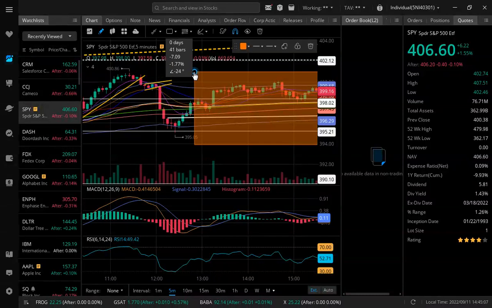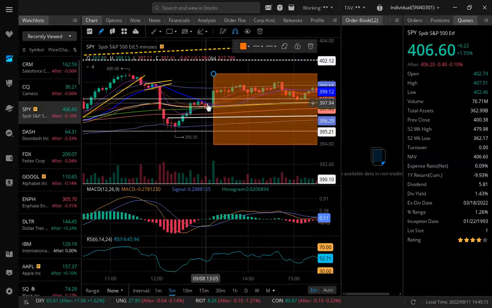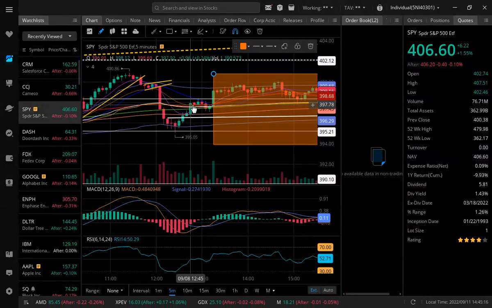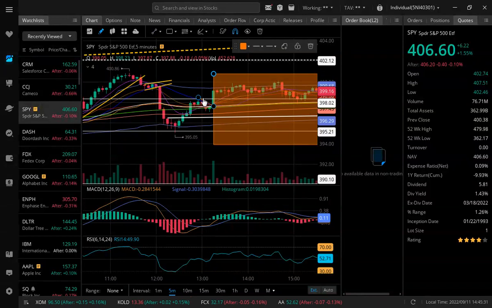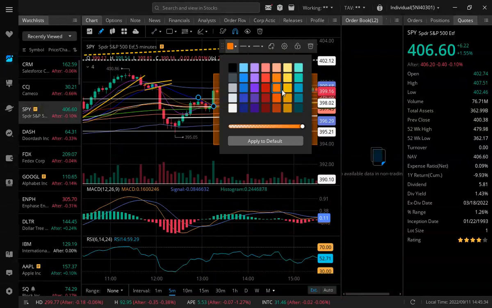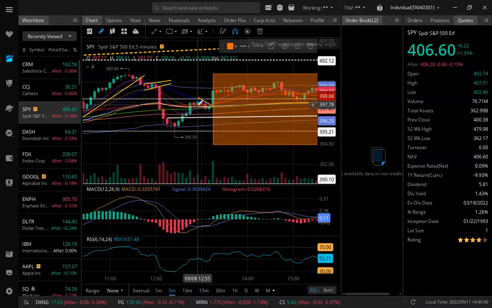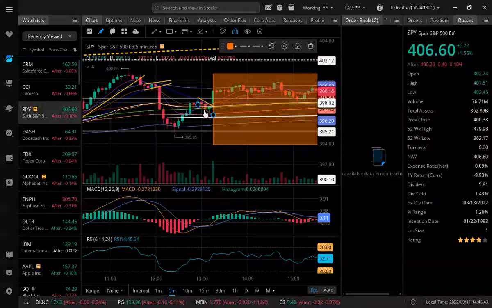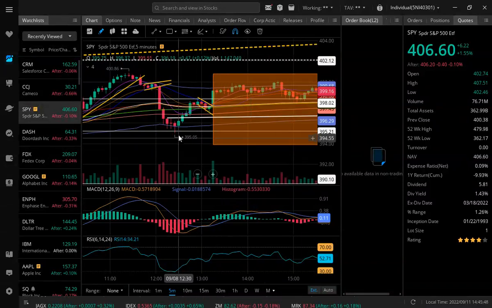The day is going by. Now you can see right here, we had a small uptrend and we start pulling back some. You can draw your trend lines here to see that you're forming a bull flag. All right, so we got our bull flag.